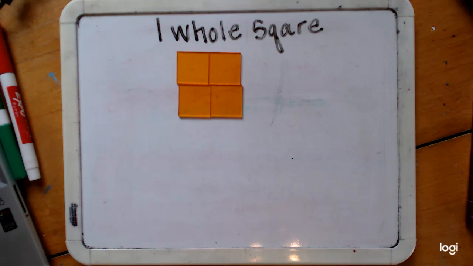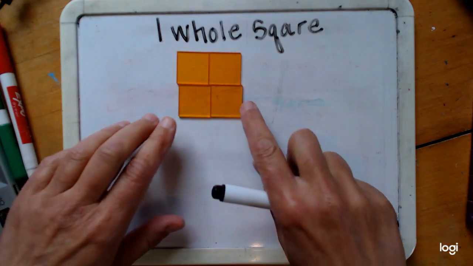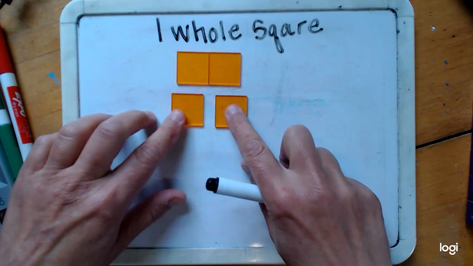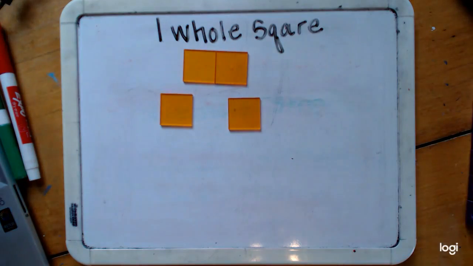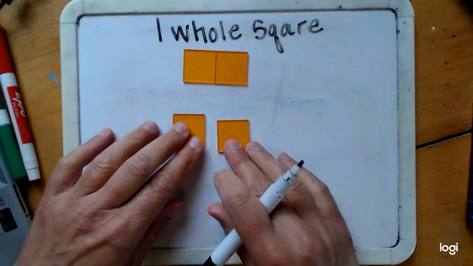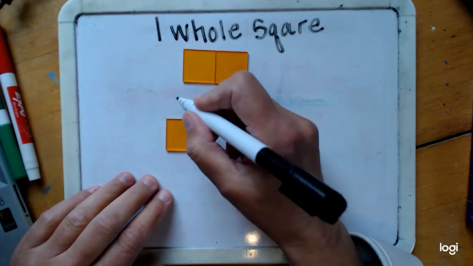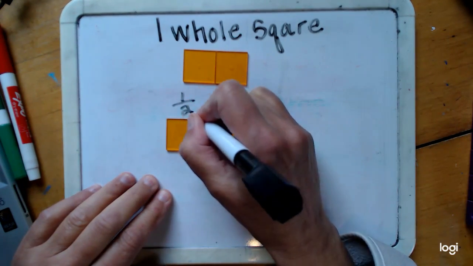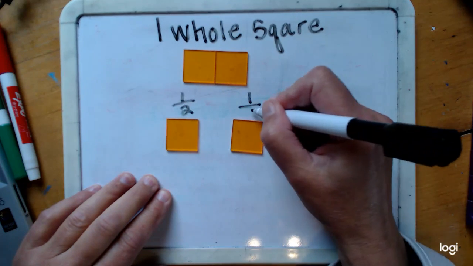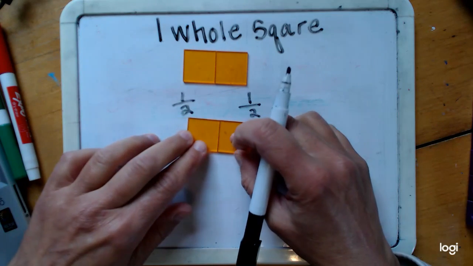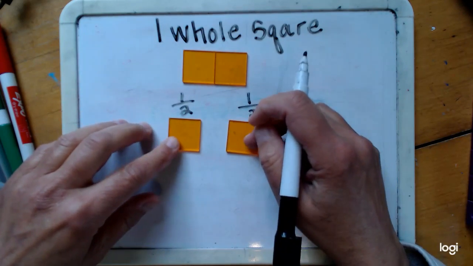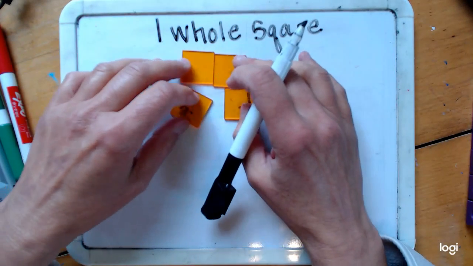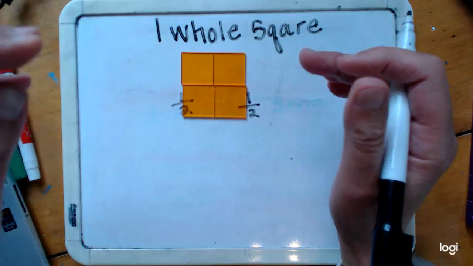Just like with the fraction bars, we can make 2 halves of one whole square, okay? So this is 1/2 right here, and this is 1/2 right here, and 1/2 and 1/2 makes one whole square, okay?